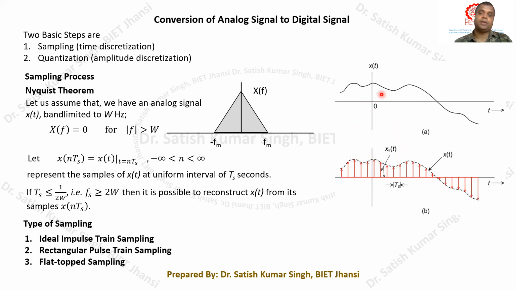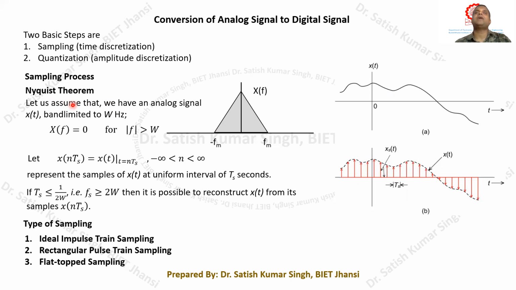This is the question. What I want to explain here is that we cannot take any value of Ts. There is a certain criterion that we need to follow while sampling a particular analog signal, and that criterion is given by Nyquist. So we are talking about the Nyquist theorem.